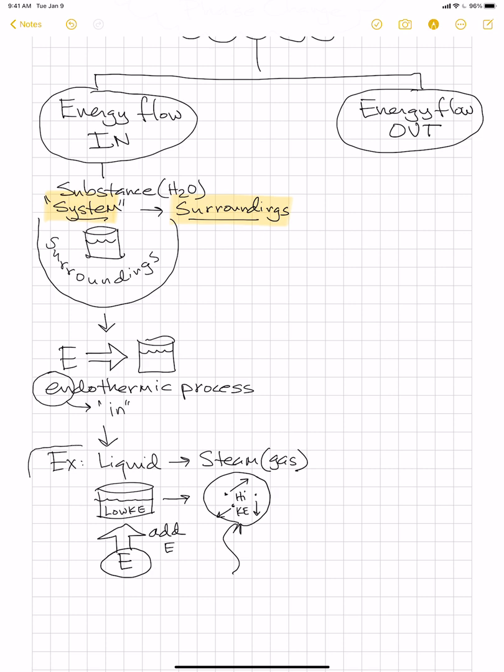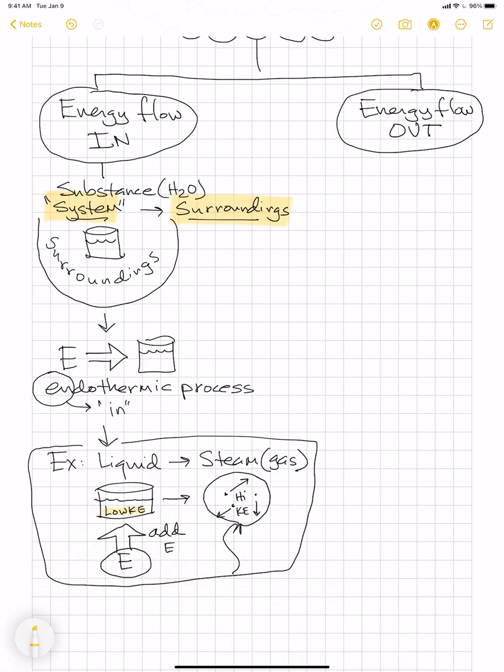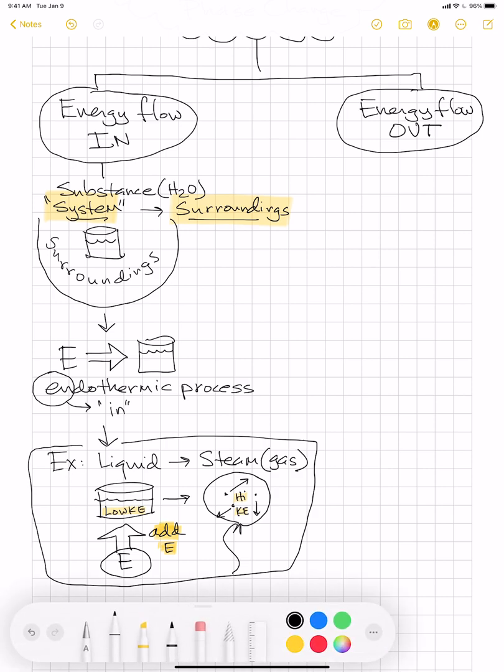The only way to go from low kinetic energy to high kinetic energy is to put something into the system.